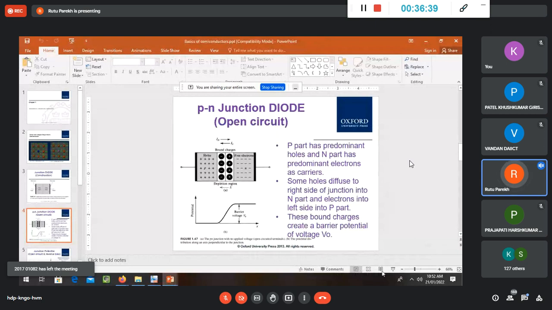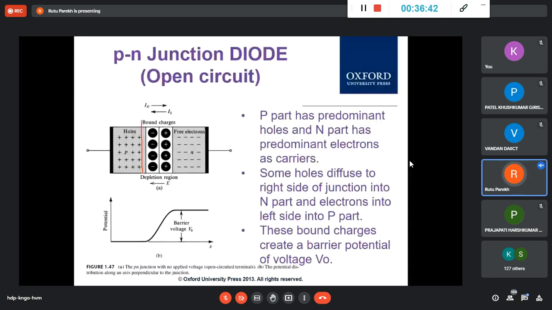So now, in equilibrium, you understood. Now, let's say ID is getting a little more. In that case, this depletion layer will widen. If ID goes more, as I just explained, this depletion region will widen, and the voltage across it, V0, will increase.